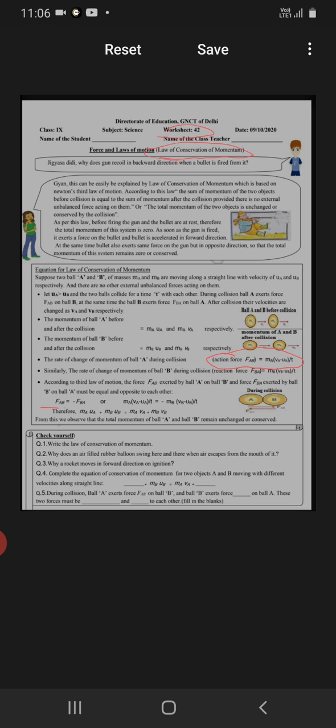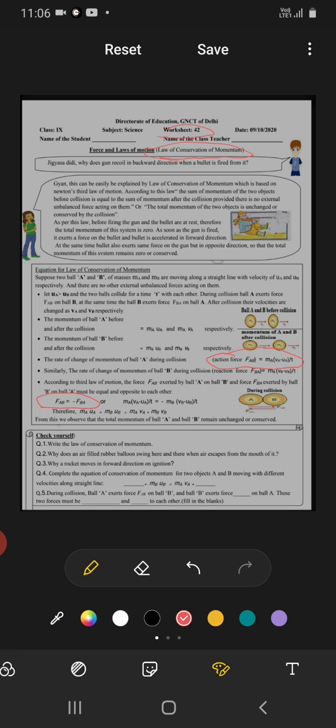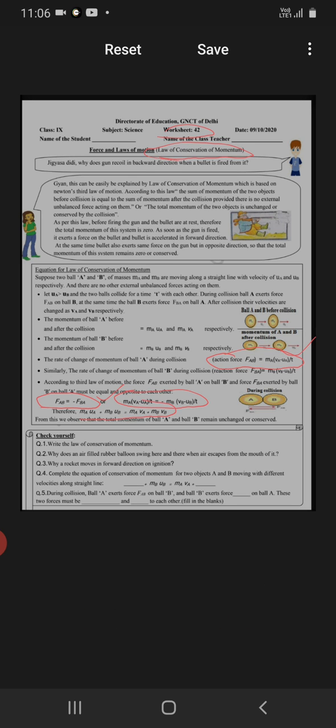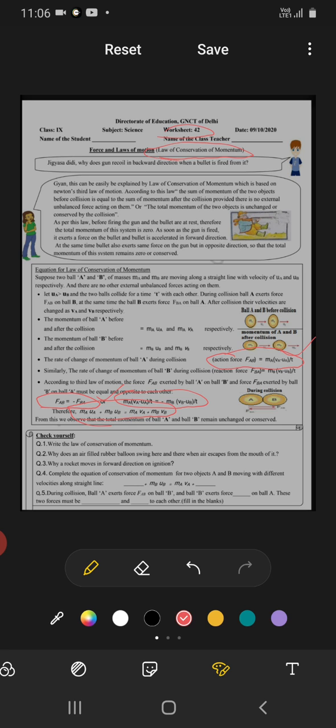So according to that, Fab is equal to minus Fba, and then we put these values in the equation, and after solving it we get this result. It clearly shows that the momentum of the two balls before collision and after collision remains the same. So it is proved by this equation.